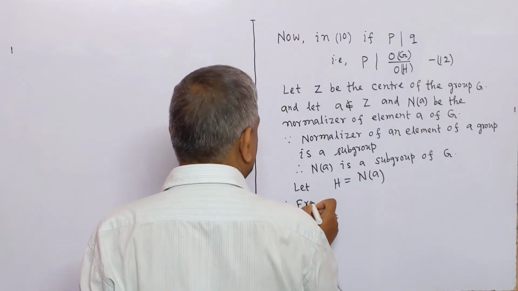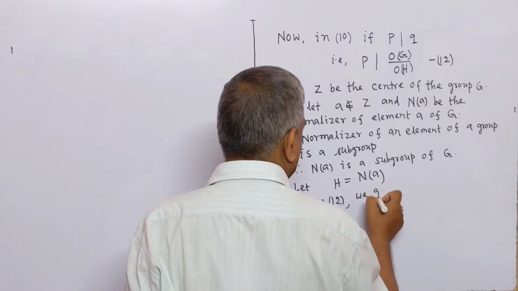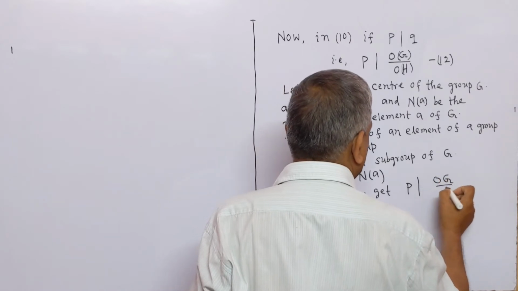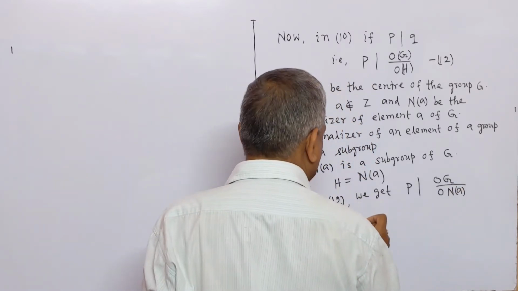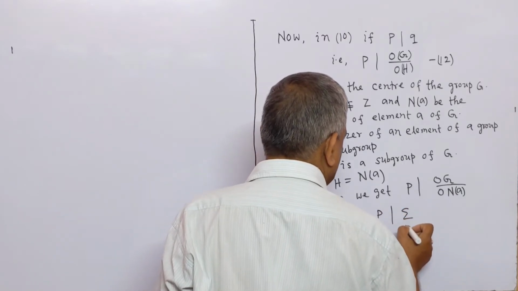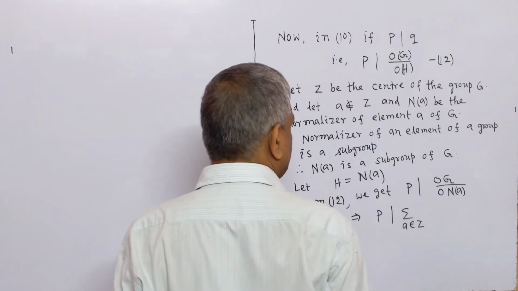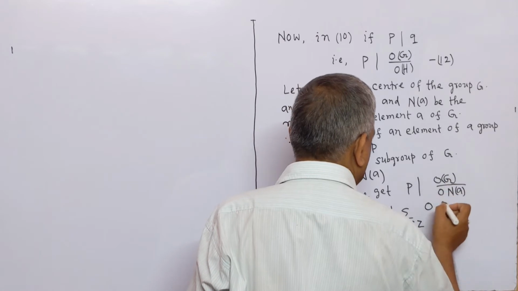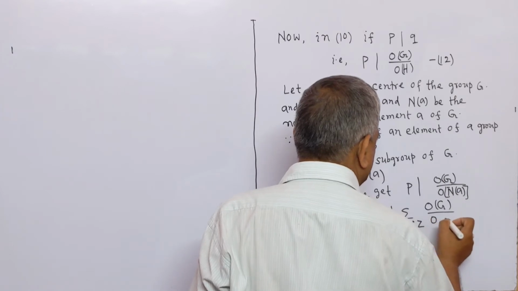Therefore, from 12, we get P divides order of G by order of NA, which implies that P divides the sum over A not belonging to the center of the group Z of order of G by order of NA.